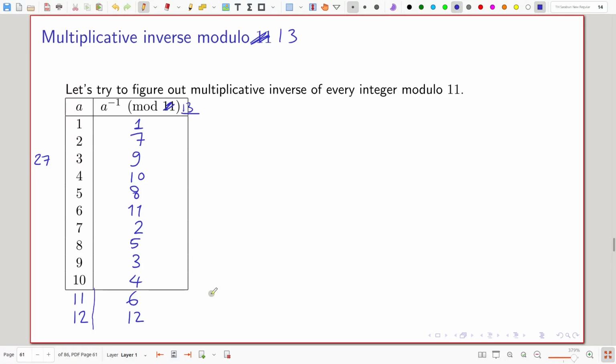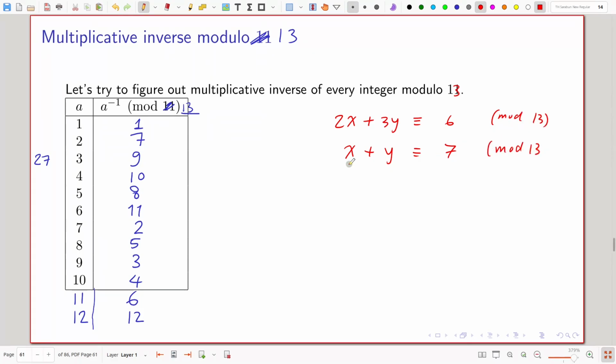Now you have this table. Let me show you how to solve a simple equation. Suppose you have equations like this: 2x plus 3y equals 6, and x plus y equals 7 mod 13.